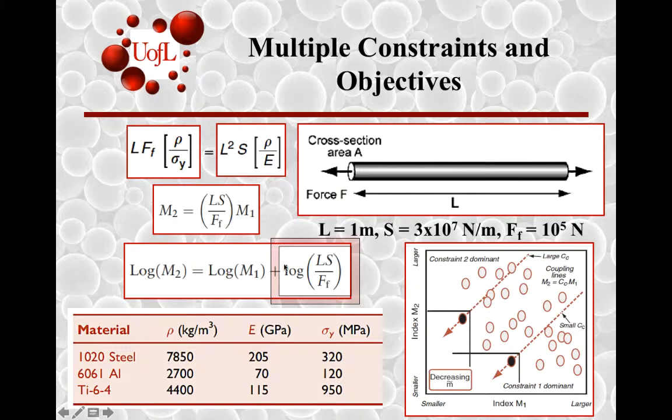This particular constant over here, LS by F_f, is called the coupling constant. And now for different values of L, S, and F_f, you can move this up and down in this log-log plot.